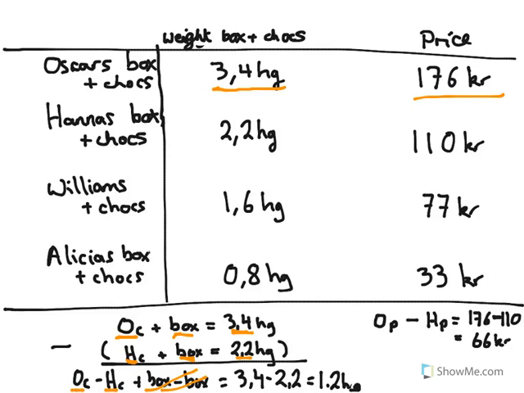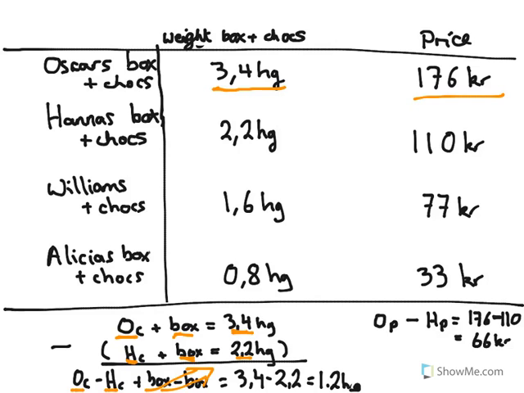You see what happens there? The weight of the box disappears because box minus box is 0. So Oscar's chocolates minus Hannah's chocolates equals 3.4 minus 2.2, which is 1.2 hectograms. So the difference between Oscar's and Hannah's chocolates is 1.2 hectograms.